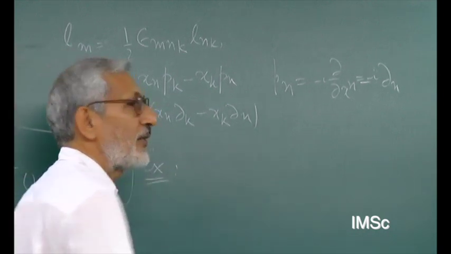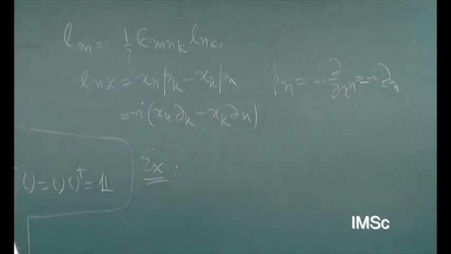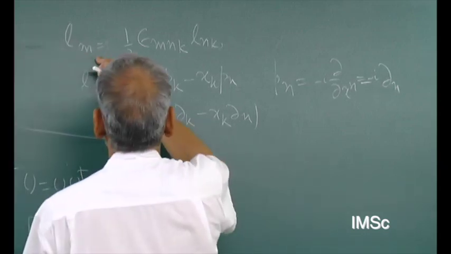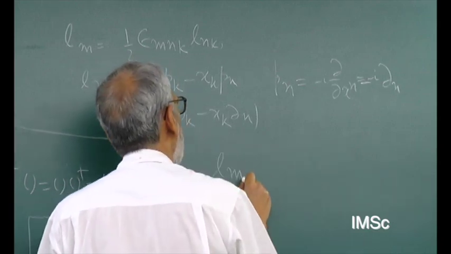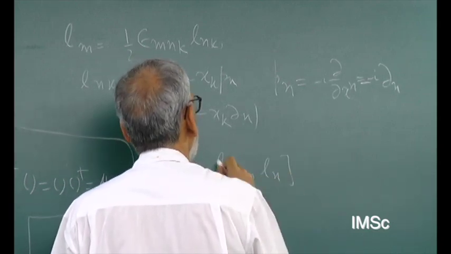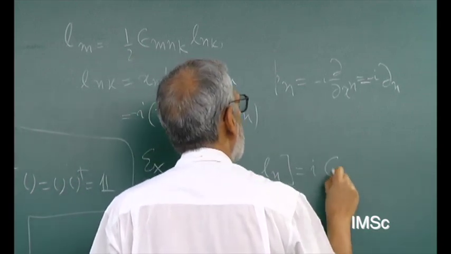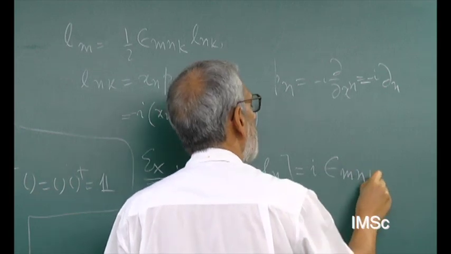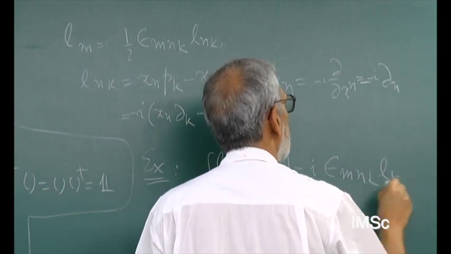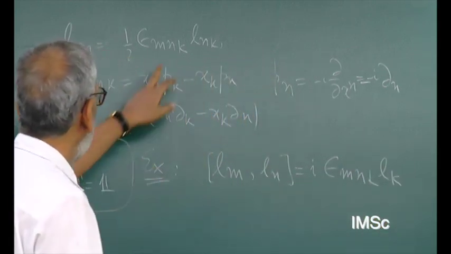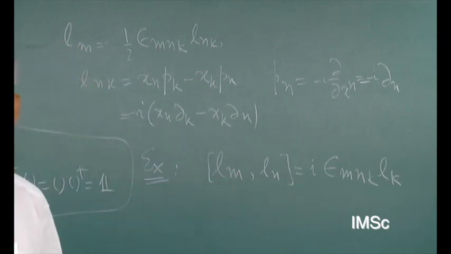There's an exercise, if you have not done it earlier, I think most of you would have done it. Check that these L satisfy the algebra. Lm, Ln commutator is i times epsilon m n k L k. What this epsilon here is, is a completely antisymmetric symbol.